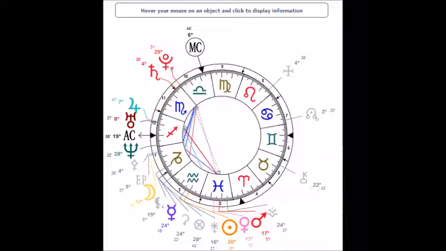Now, we're going to look at the first house with moon sign Capricorn. So her first house is her 10th house because of Capricorn. And Capricorn rules the 10th house. The first house is ruled by Aries.